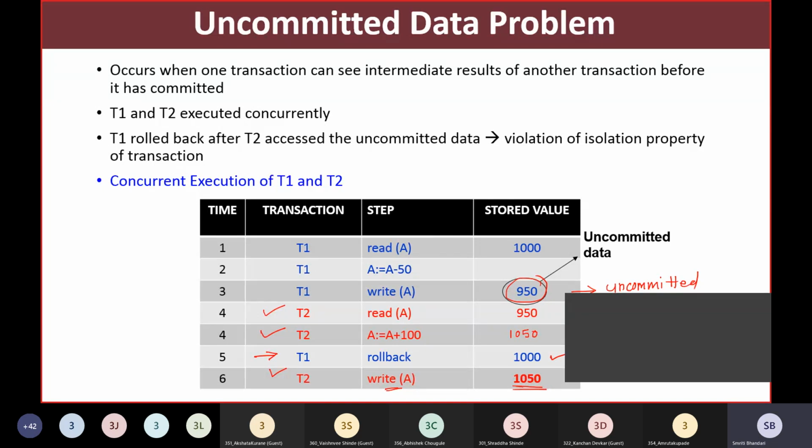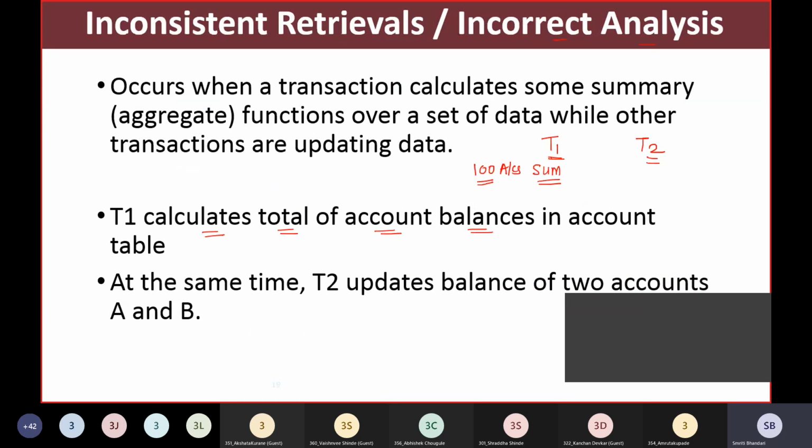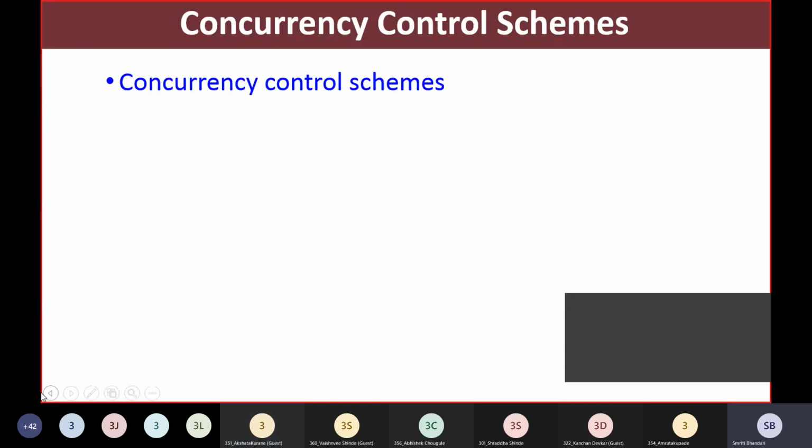This problem occurs when one transaction can see intermediate results of another transaction before the transaction commits, right? And the third problem that we discussed was the inconsistent retrievals or incorrect analysis problem, right? So while executing our transactions concurrently, we may face these kinds of problems, right?